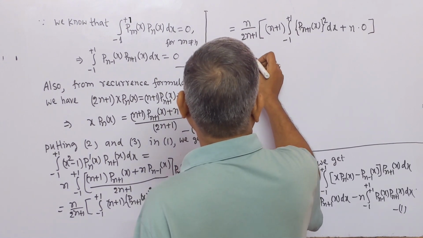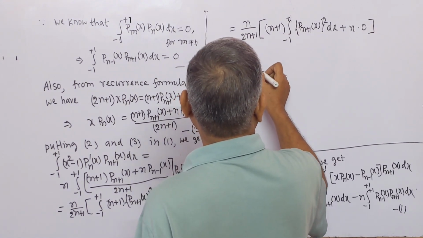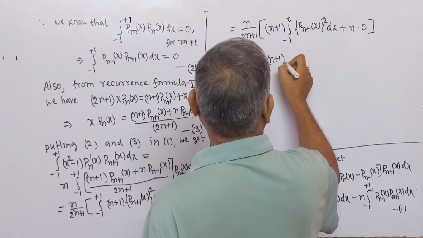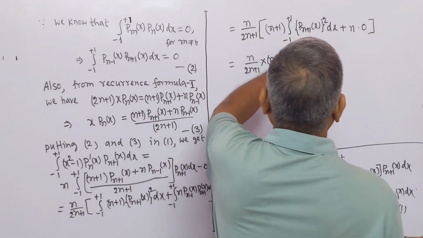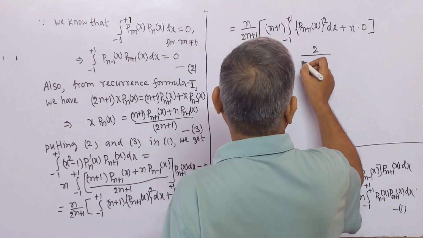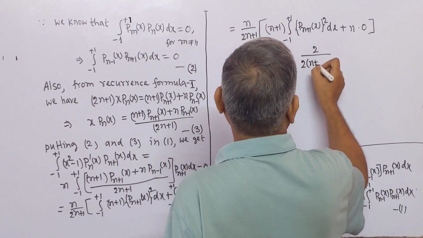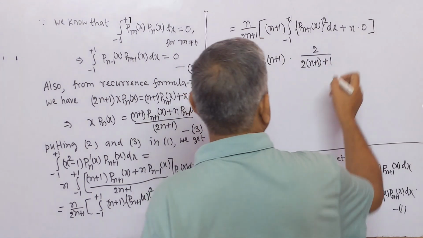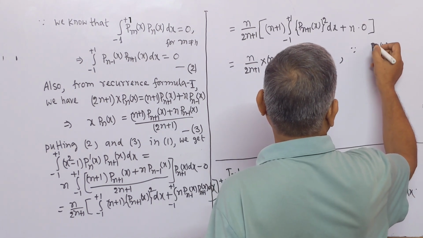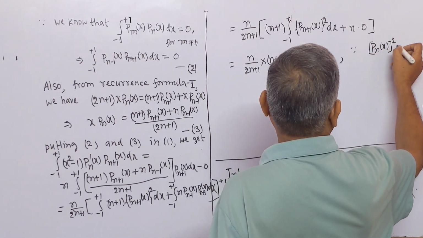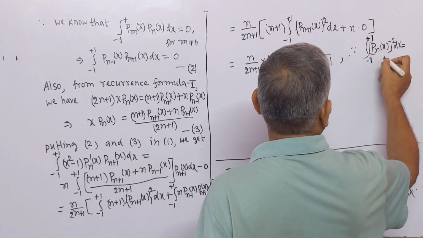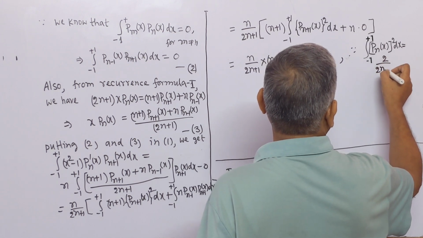This will be equal to n by (2n plus 1) multiplied by (n plus 1), and value of this is 2 by (2n plus 1 plus 1), since the integration of [Pn(x)] whole square dx equals 2 by (2n plus 1).